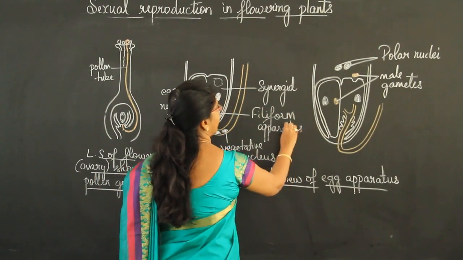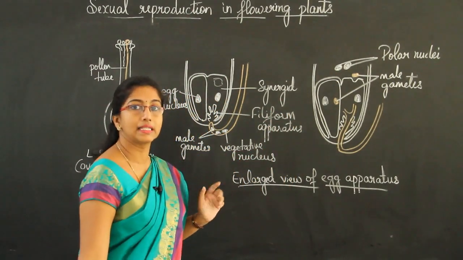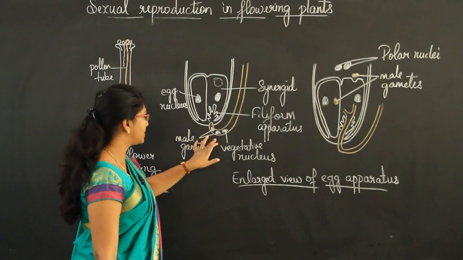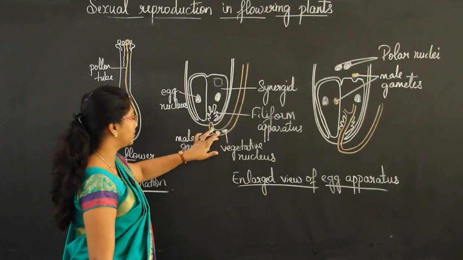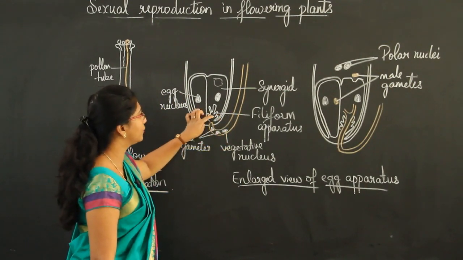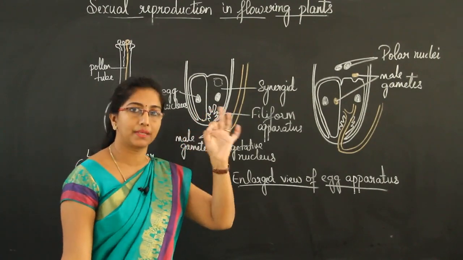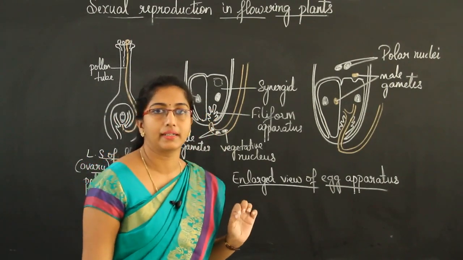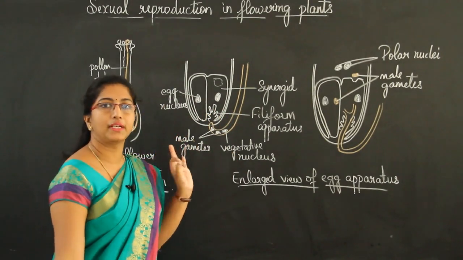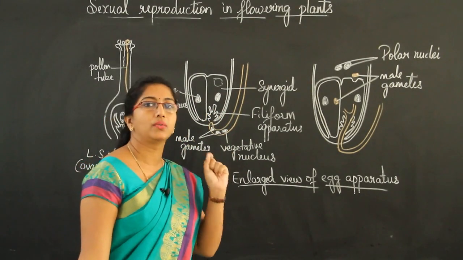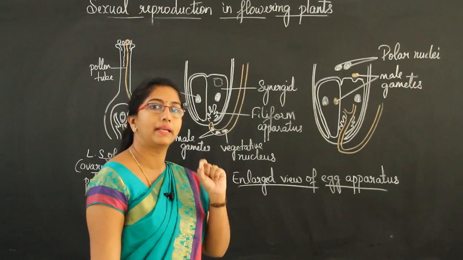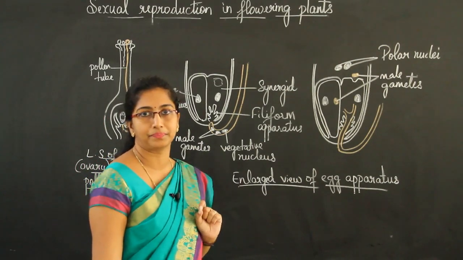This filiform apparatus is present in synergids. Now if you observe here, the pollen tube is actually reaching the filiform apparatus. I had told you in the previous session also that the main function of the filiform apparatus is to guide the pollen tube into the female gametophyte.